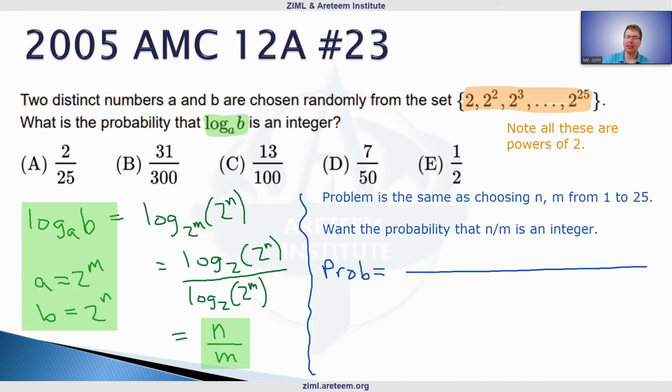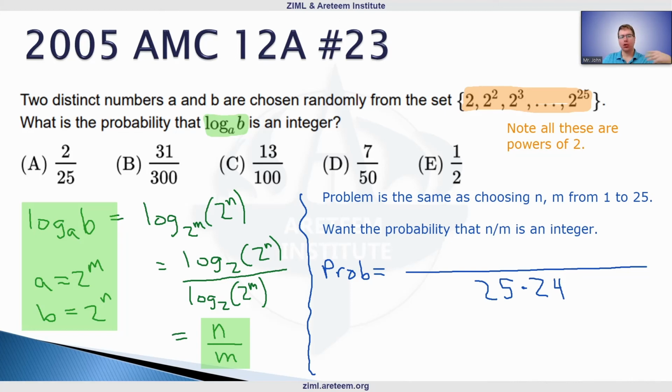N divided by m is different than m divided by n. So our total number of outcomes is 25 choices for the first and 24 choices for the second. That's what we want to be a little bit careful with there.